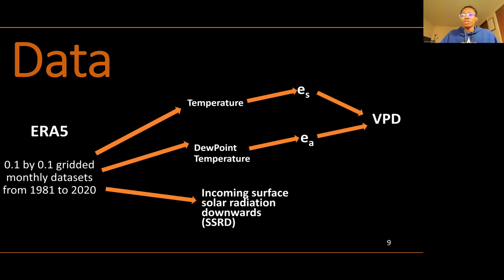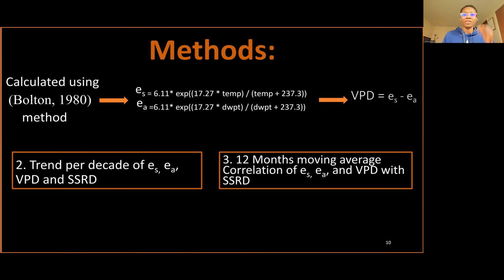And I got temperature data, dew point temperature data, and incoming surface solar radiation. I used the temperature data to get the saturation vapor pressure, and the dew point temperature data to get the actual vapor pressure. Then the difference between both was used to get the vapor pressure deficit.